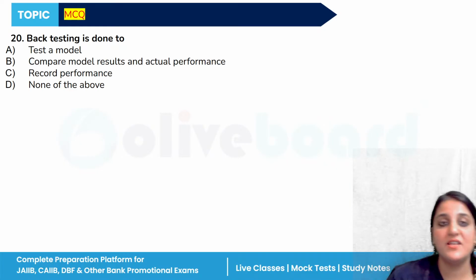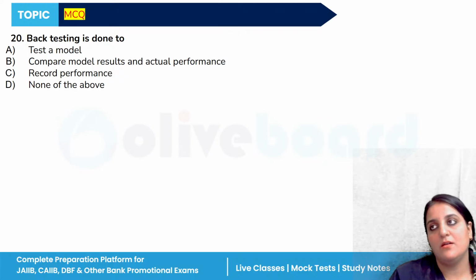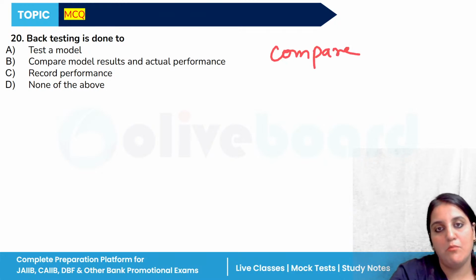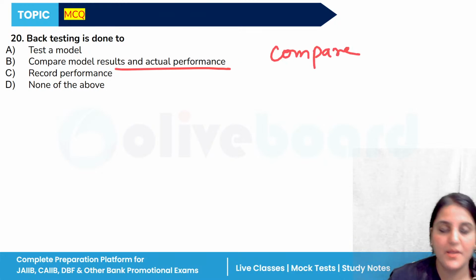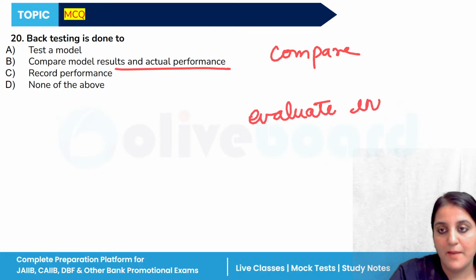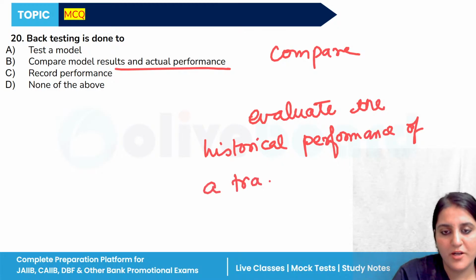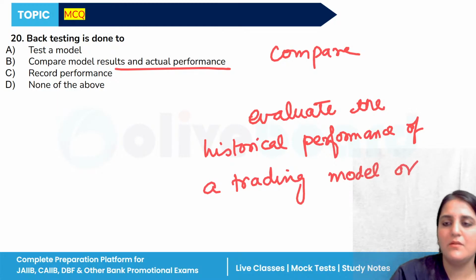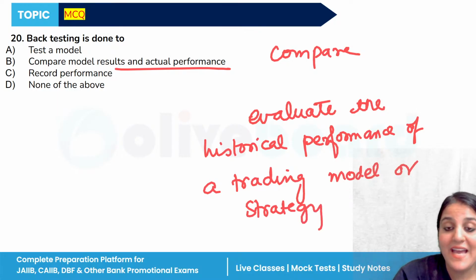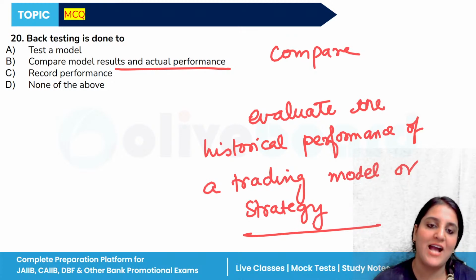Backtesting means, why is backtesting done? Backtesting is done to compare the model results and the actual performance. It is the process used to evaluate the historical performance of a trading model or strategy by applying it to past data and comparing the simulated results to the actual outcomes.